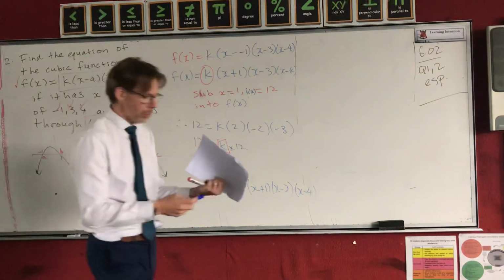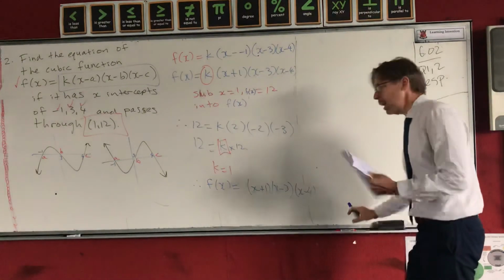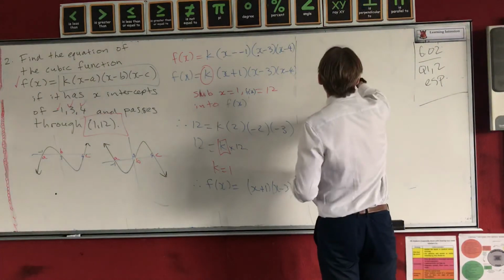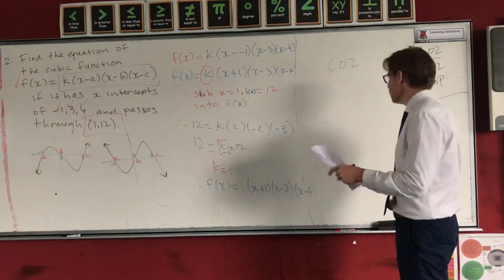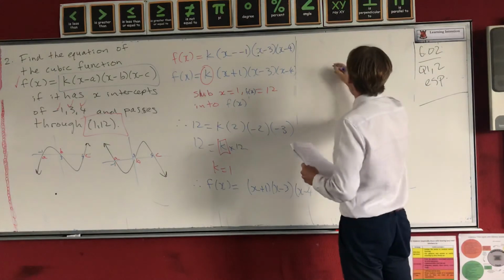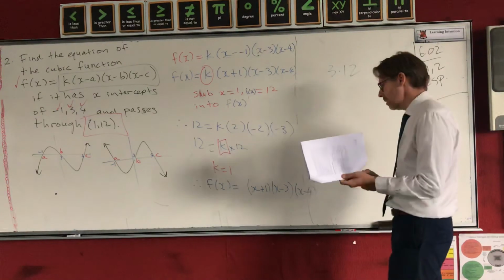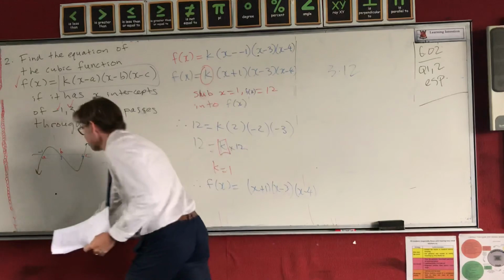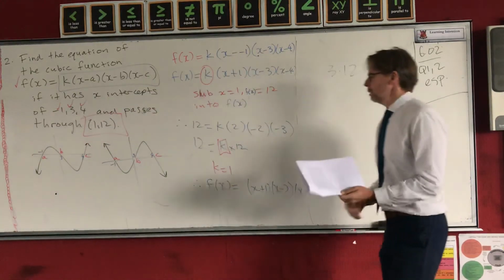Okay, so the questions I want you to do in your textbook are 6.02. Not 6, that's wrong, sorry. 3.12. Text is running out. Missed that one.